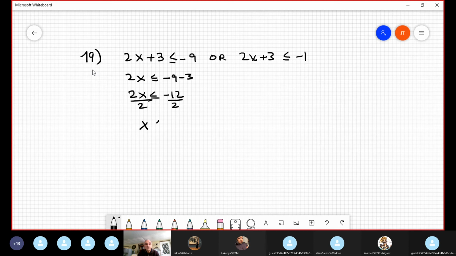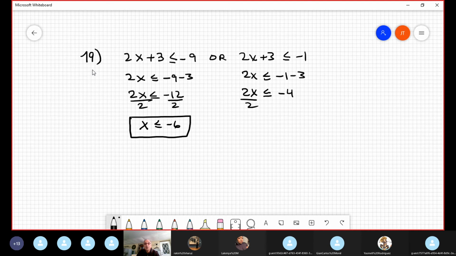Therefore, the inequality sign stays the same, but -6. And it's one piece of information. Okay, the second piece is similar. 2x less than or equal to -1 minus 3. 2x less than or equal to -4, divided by 2. x less than or equal to -2.